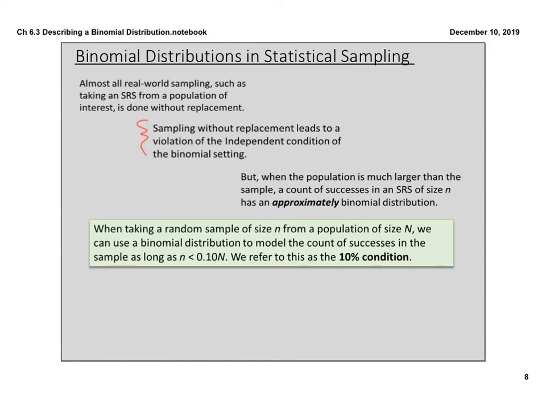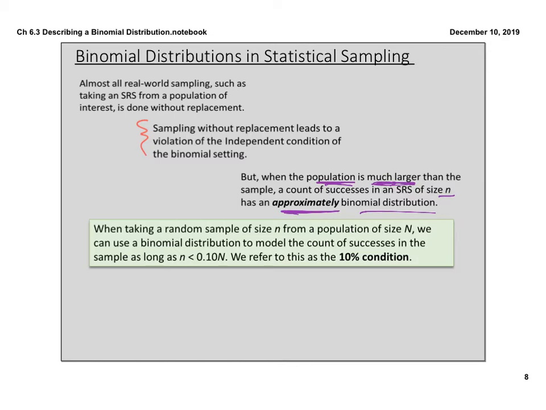That's what they're getting at in this second point. It says, but when the population is much larger than the sample, the count of successes in an SRS of size n has an approximately binomial distribution. We know it's not going to be perfect because we're not putting the item back. But as long as our population is large enough, we can still use our binomial setting properties and calculations because the probabilities are not going to change too much.